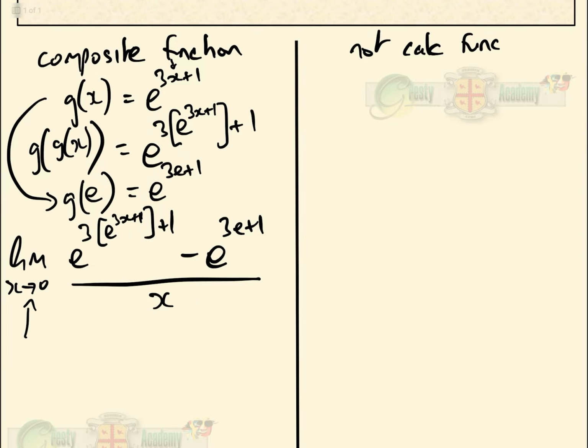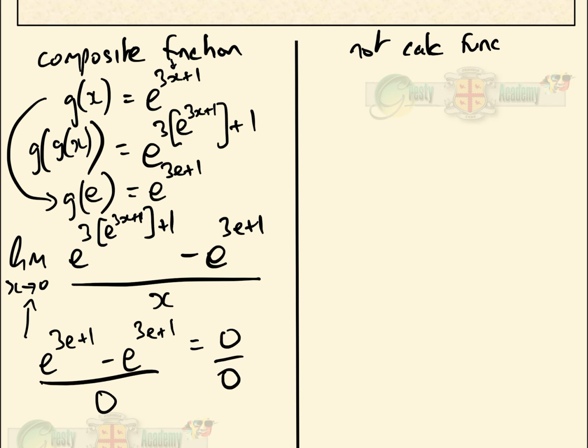And putting x equals 0 into our limit gives us e to the 3e plus 1 plus 1 minus e to the 3e plus 1 plus 1 over 0, which is 0 over 0, which is indeterminate and in a form where we can use L'Hopital.